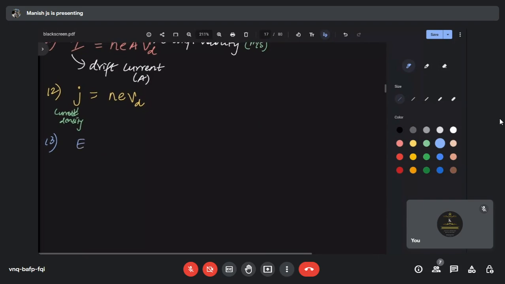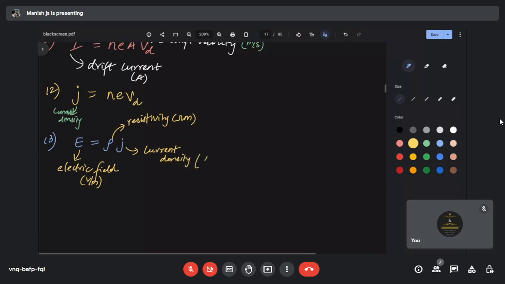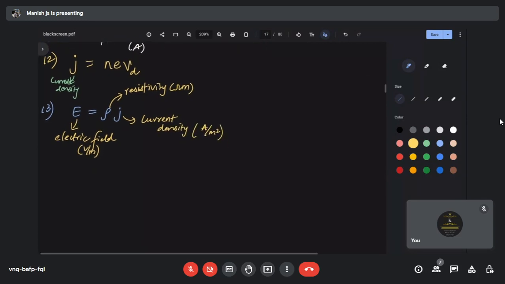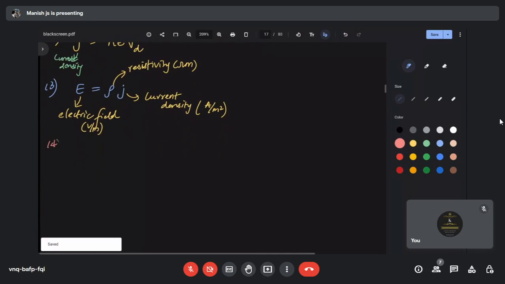An important expression: E is equal to rho times J, where E is the electric field in volt per meter, rho is resistivity, whose unit is ohm meter, and J is current density, which is ampere per meter square. So this is also an important relation. Moving on to the next one.